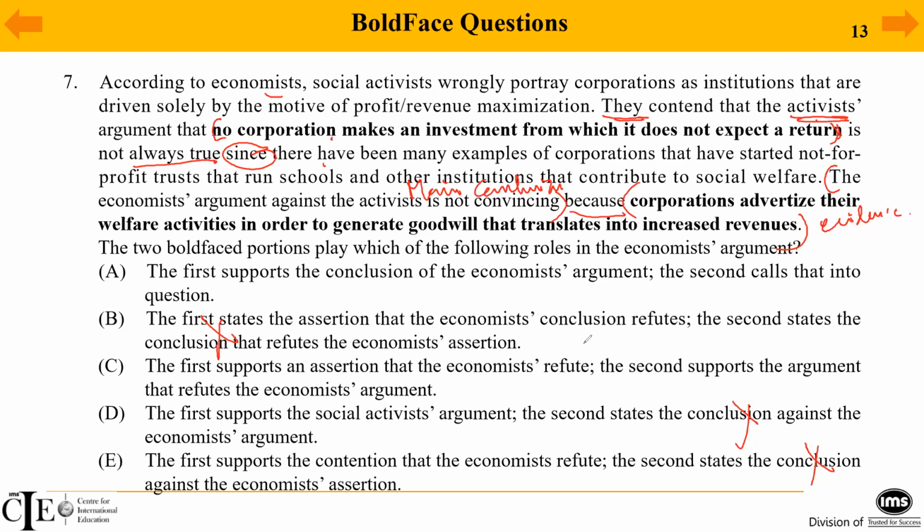So they are opposing that, is it not? So economists are refuting that statement. And the second boldface is supporting the argument that refutes the economist's argument. Overall argument, what is it doing? It is actually rejecting the economist's argument, saying that it is not convincing. And on what basis? The second boldface is the reason for that. So the second one supports the argument that refutes the economist's argument. So option C.